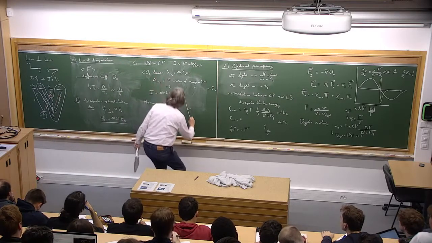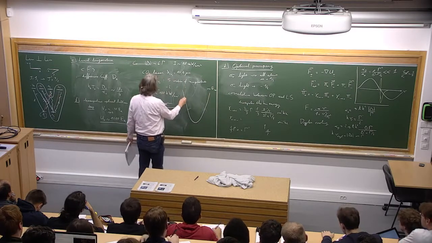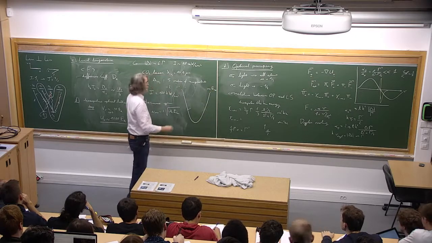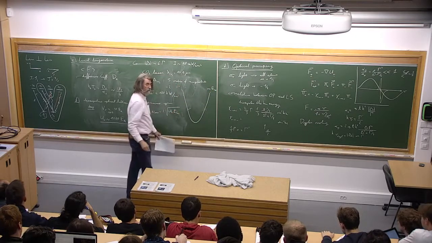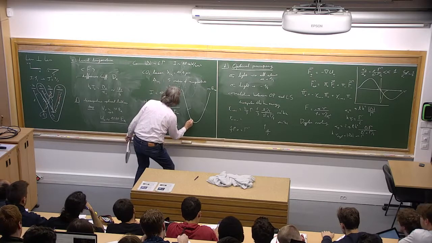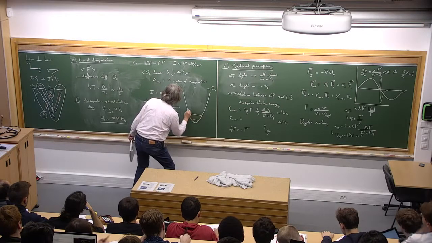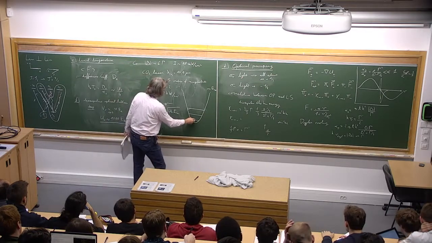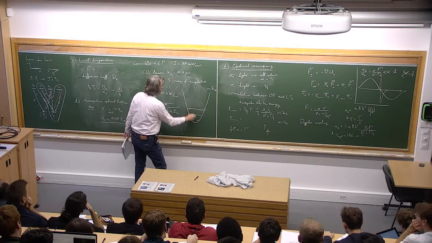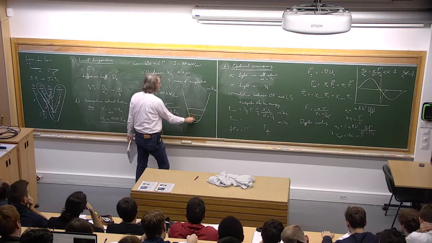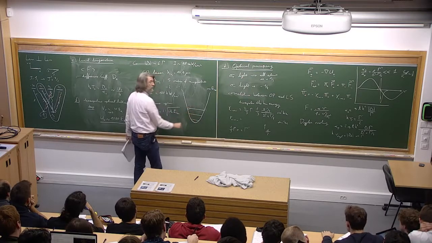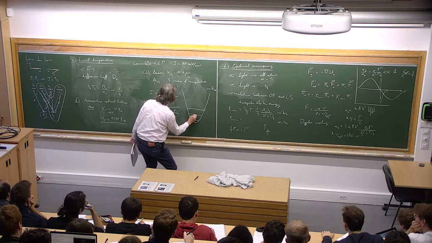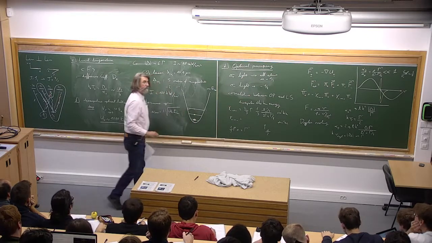So you have your potential well. In fact, it is a sine squared or cosine squared, but you just forget it. It is just a harmonic potential. So you have your vibrational levels, and you can also compute the rate equation for the population of these levels, and you find that you have more atoms here than here, and almost none there.